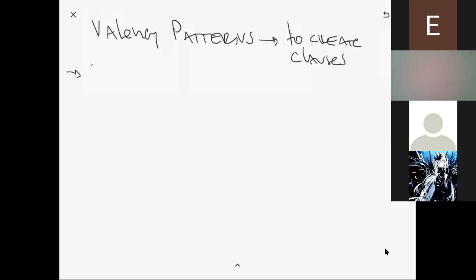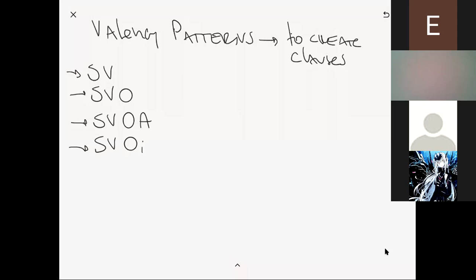So, for example, we have the subject-verb, the subject-verb-object, subject-verb-object-adverbial, subject-verb-indirect object-direct object, right? And subject-verb-complement, subject-verb-object-complement. Those are valency patterns, right?